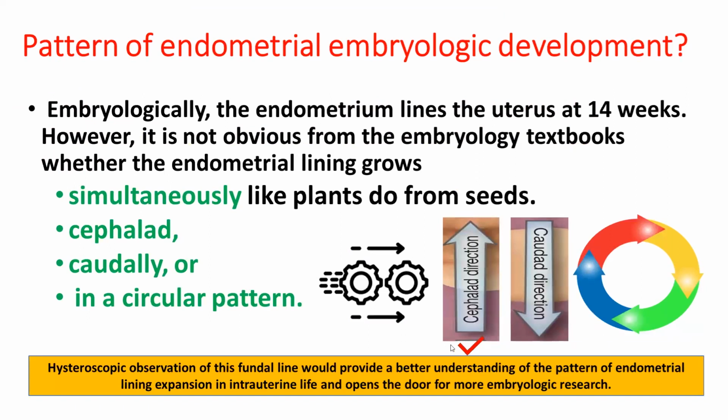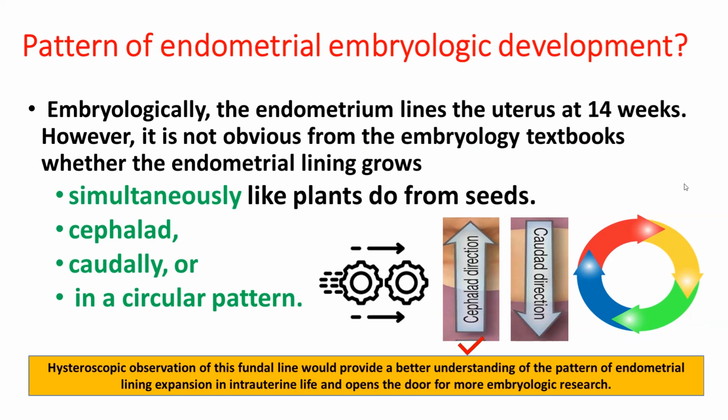But the embryology textbooks did not mention how the endometrium is covering the endometrial cavity. Is it coming from cells in a simultaneous way to cover the endometrial cavity like plants do from seeds, or in a cephalic direction or caudal direction, or in a circular pattern?